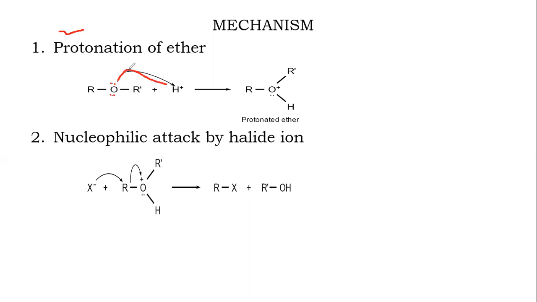The electrons attack the proton obtained from the acid and form protonated ether. The protonated ether so formed is attacked by the nucleophile, which is the halide ion, and the formation of alkyl halide and alcohol takes place.